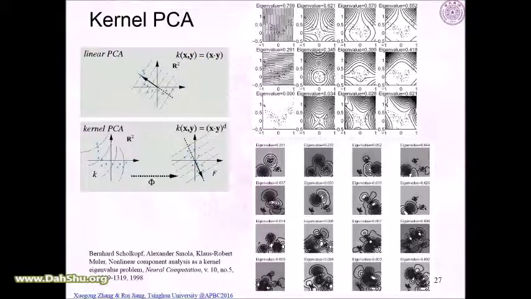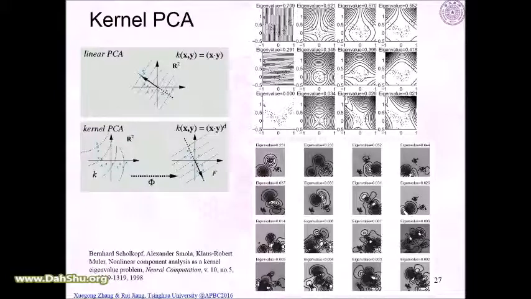For this example, the data is distributed like this. The first column is linear PCA. We get the first principal component in this direction, and we get the ISO lines in this direction. And the second principal component is this direction. We can see that the linear principal components don't have a very good representation of the data.